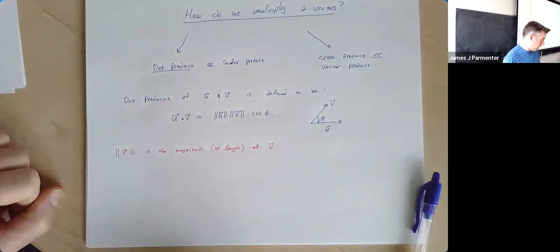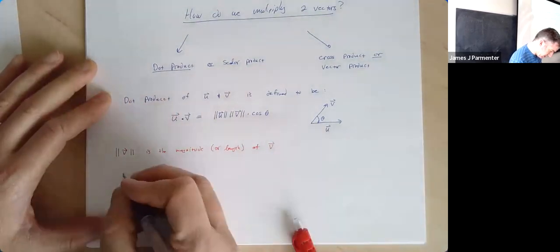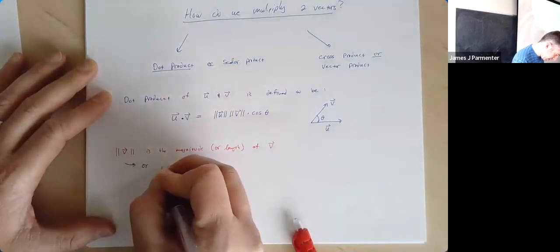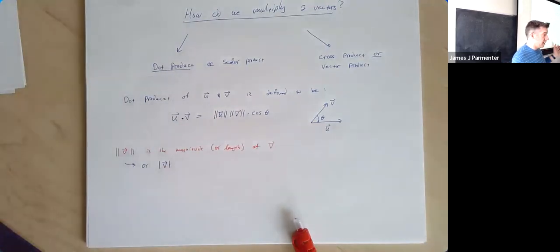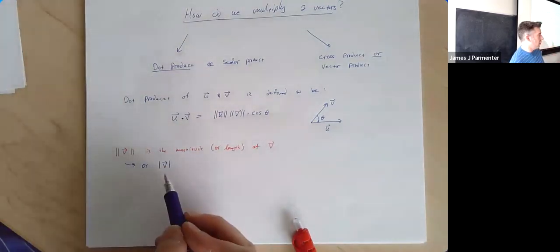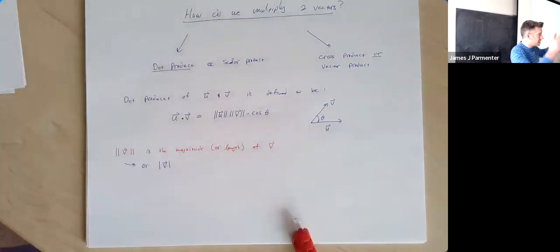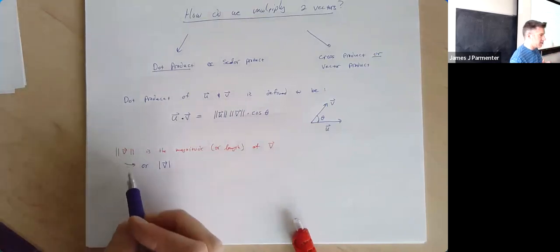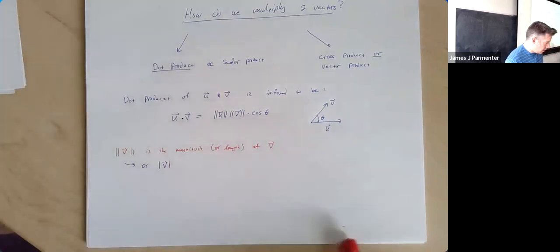Sometimes people just use a single absolute value looking thing. Literally it means the same thing, it's just less writing, so people often default to this because it's easier to write. But if you see a vector inside absolute values or double absolute values, they're just asking for the magnitude, aka the length of that vector.